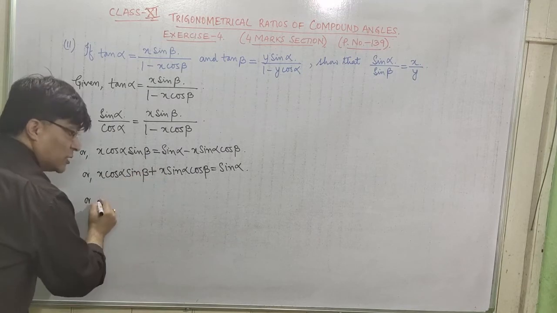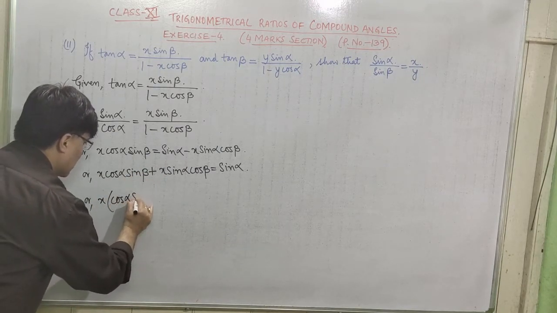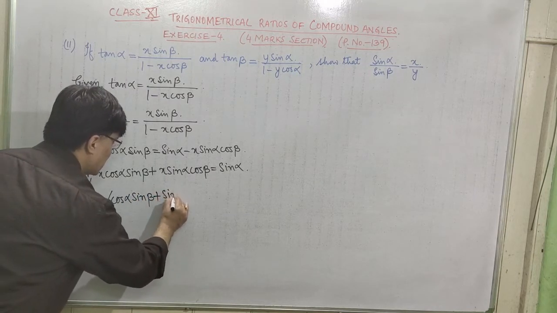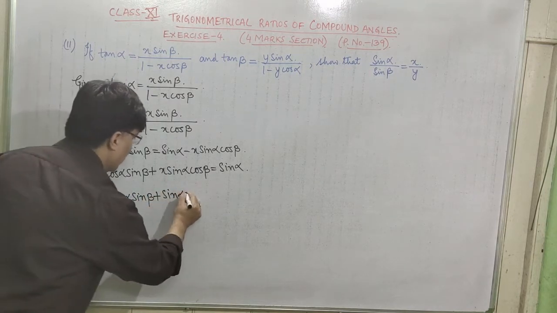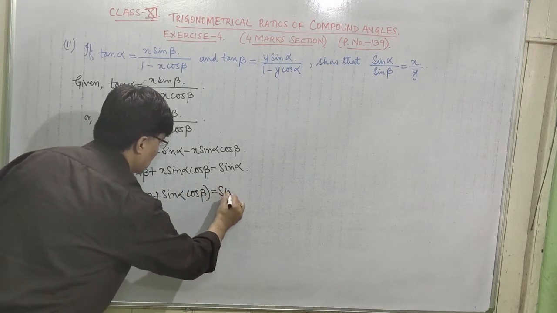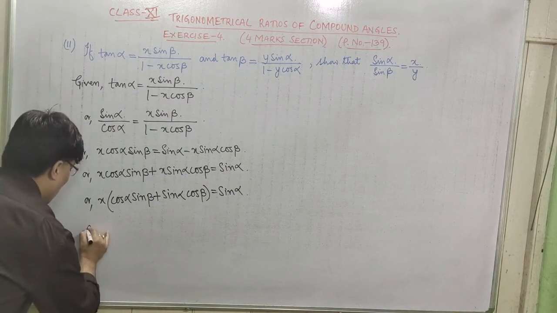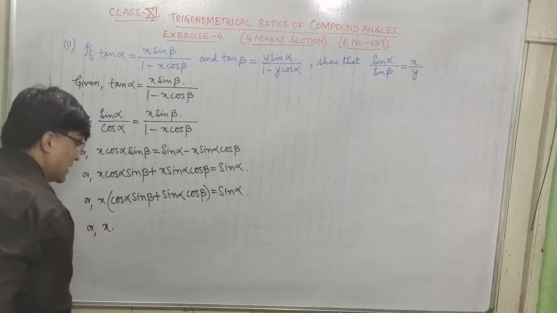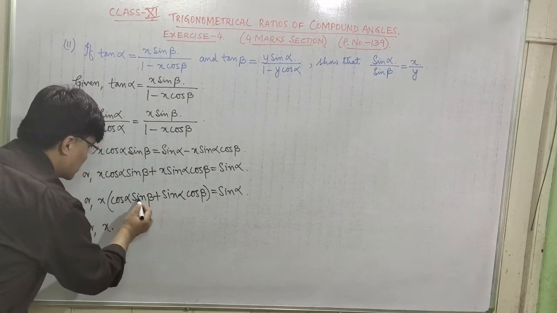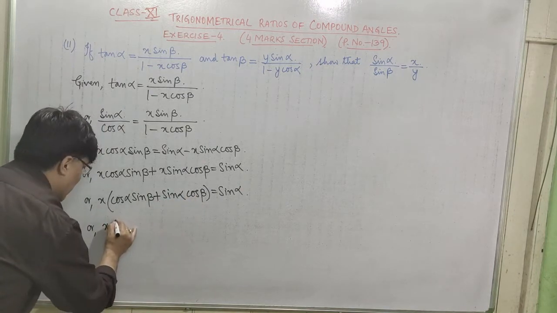So what is common out here? It is x. So within bracket we have cos alpha sine beta plus sine alpha cos beta, which is equal to sine alpha. Or you can write x into sine A cos B plus cos A sine B. Let us take this alpha as A and beta as B. What is the formula?